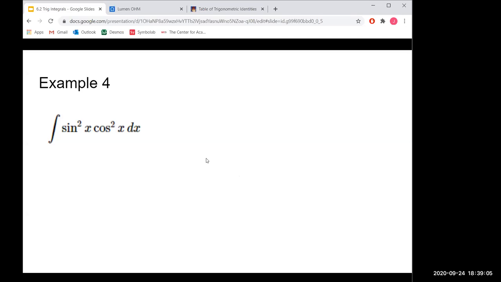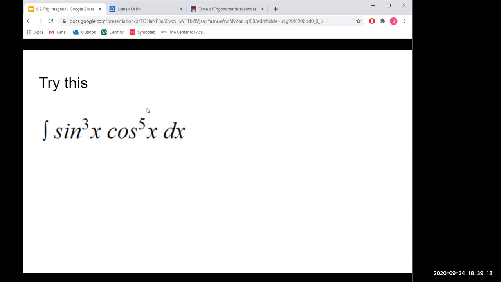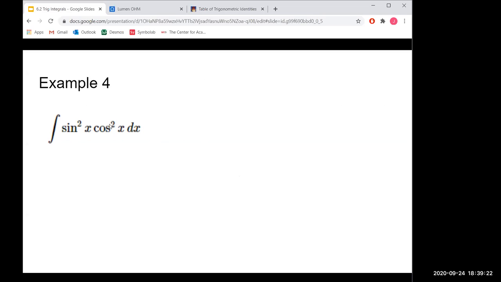All right, so that's an example where the exponents were both even, which made the question a little harder. If one of the exponents is odd, you can just do it how we did the previous 3 questions. If they're even, then it's like this.